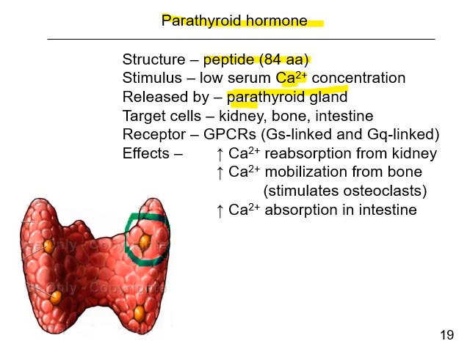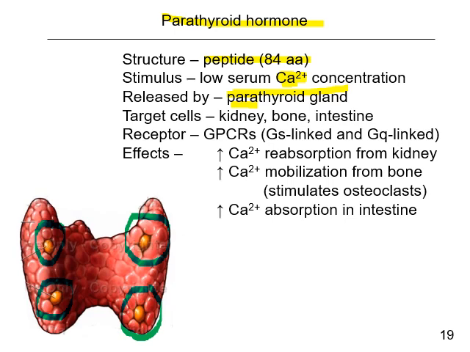Parathyroid cells are sort of in the thyroid gland, but are not follicle cells of the thyroid. So these are separate cells located around the follicle cells of the thyroid. They're kind of embedded in the thyroid gland, but they are not thyroid cells. They're parathyroid cells.